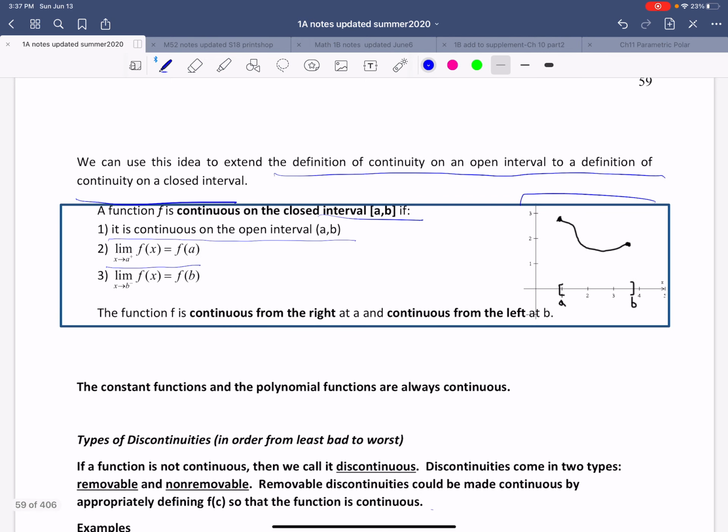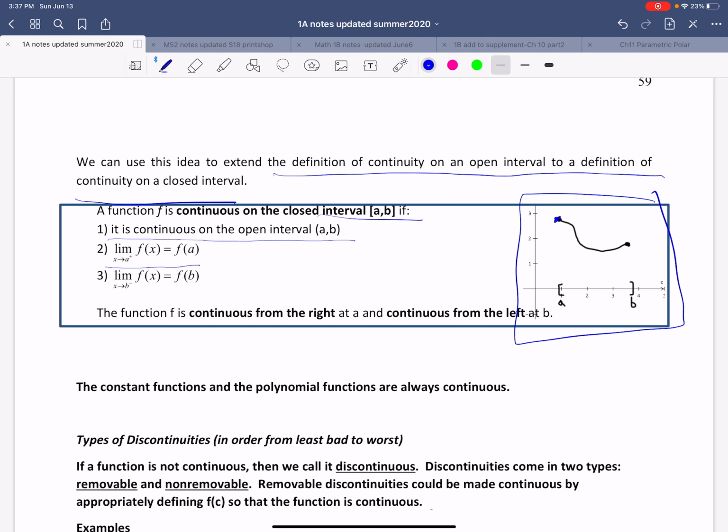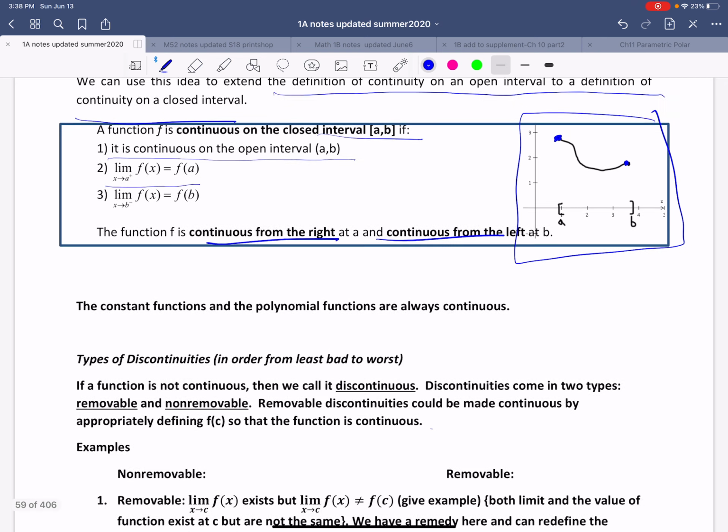Graphically, the function is continuous if we don't have holes in the interval a to b, the function is defined at point a, which is equal to the limit coming from the right hand side, and defined at point b, which is equal to the limit coming from the left hand side. We would say the function is continuous from the right at a and continuous from the left at b. In that case, the function will be continuous in the closed interval.